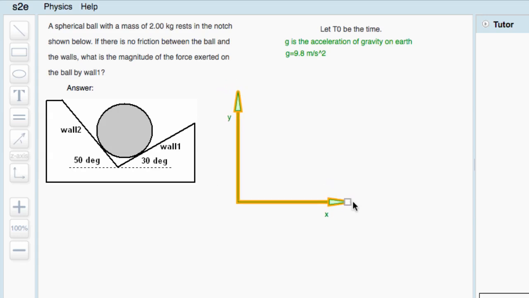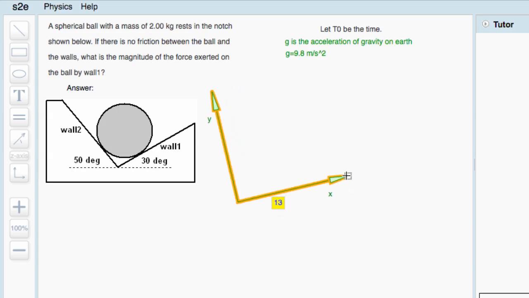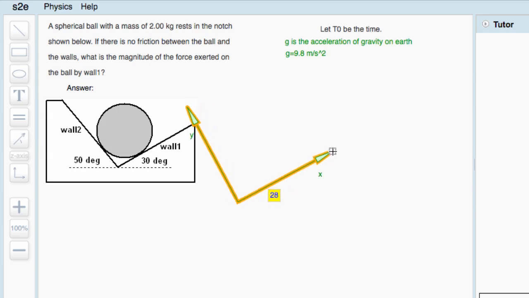So I'm going to rotate this up so that it matches the picture. And you see the picture has it at 30 degrees. Okay, I didn't quite get 30. 30 degrees. Okay, so now it's green because it accepts this orientation for the axis.